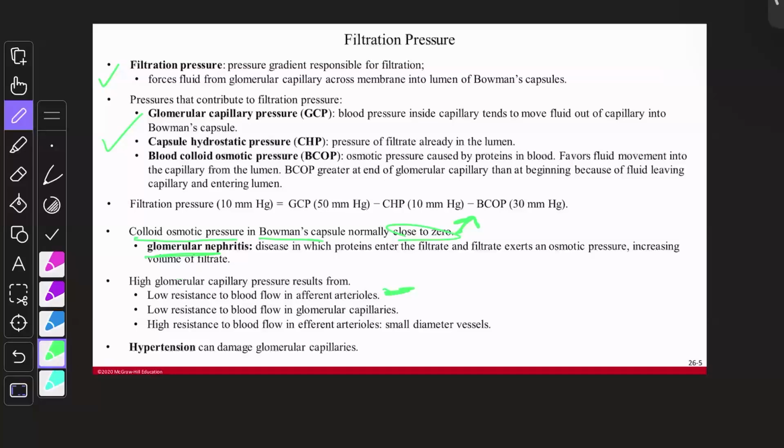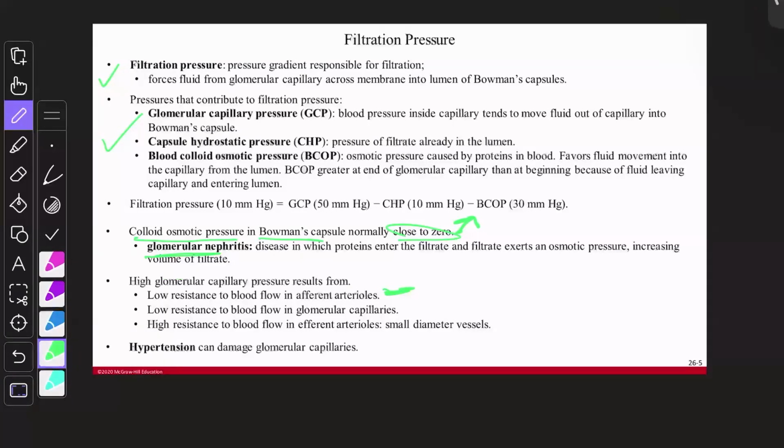It's bringing blood into the glomerulus, okay? How do I lower the resistance to blood flow in a vessel? I'm going to make it bigger. I'm going to vasodilate, right? That afferent arteriole is bigger than the efferent arteriole. Remember that? Yeah. And it's bigger because we need lower resistance to blood flow.